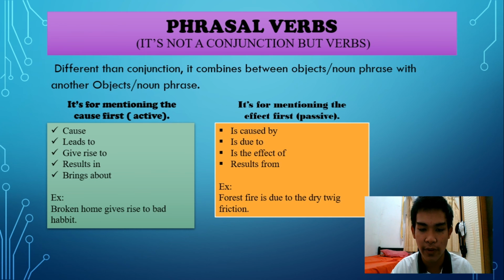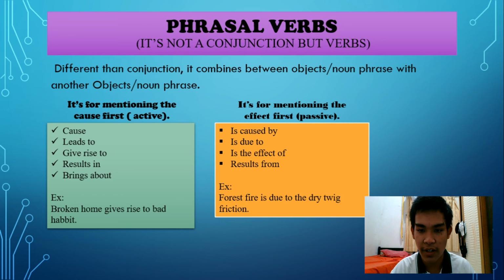Broken home is the noun phrase, gives rise to is the phrasal verb, and bad habit is also the noun phrase. And for the yellow one, it's for mentioning the effect first, and it is usually passive. Same like before, it depends on the timeline for the tense.